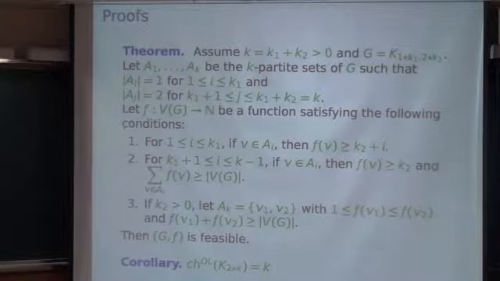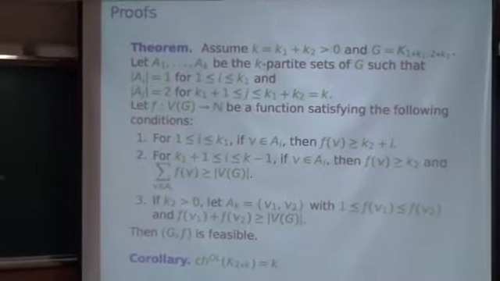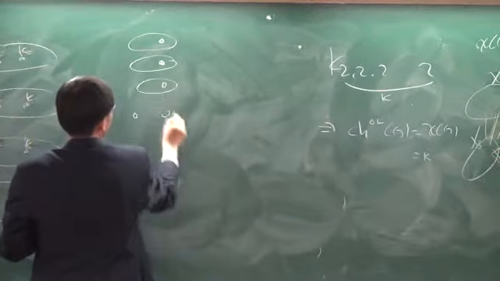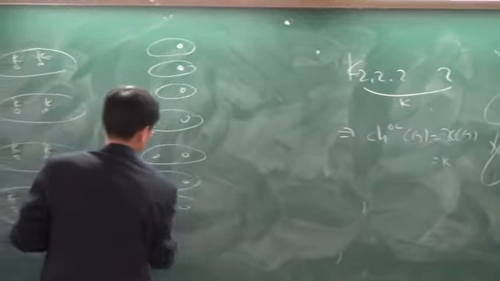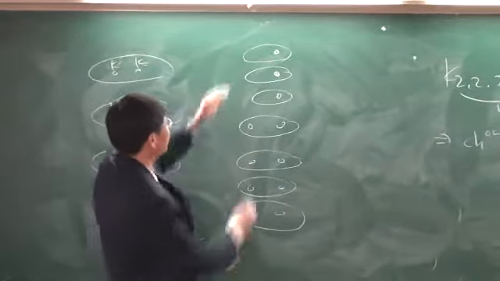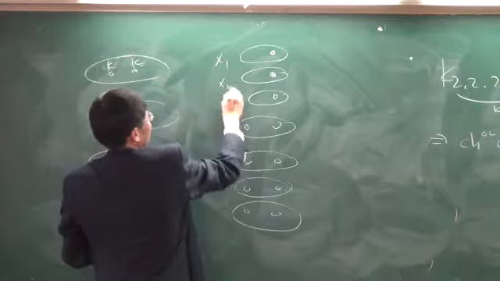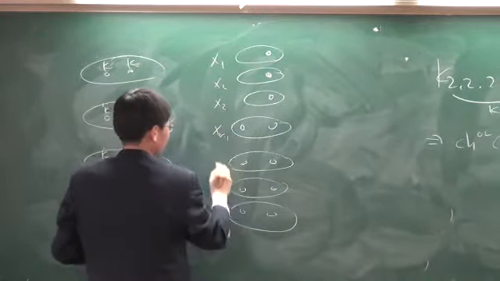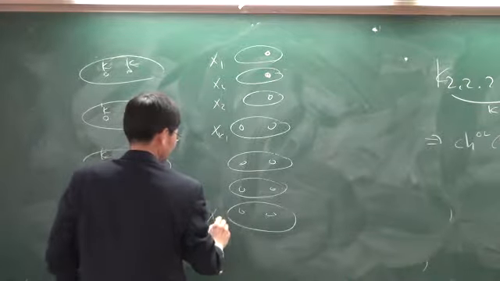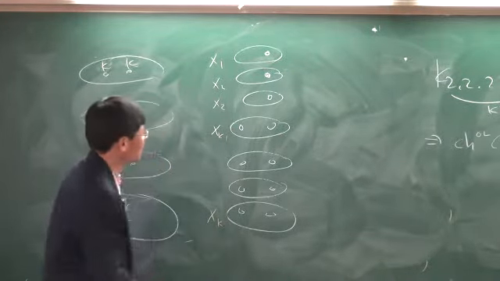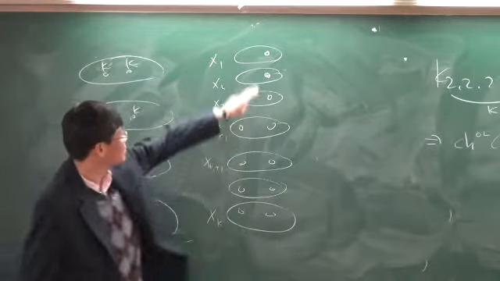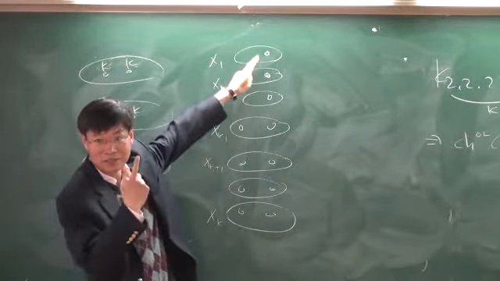That is, we consider some set of k minus 1 vertices, next some vertex with only one, some set.